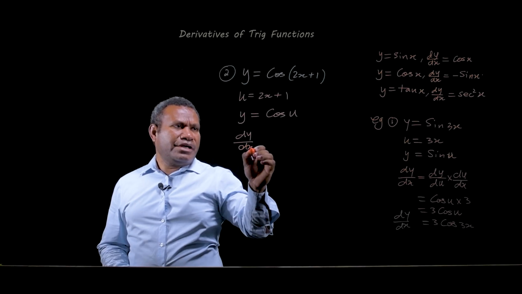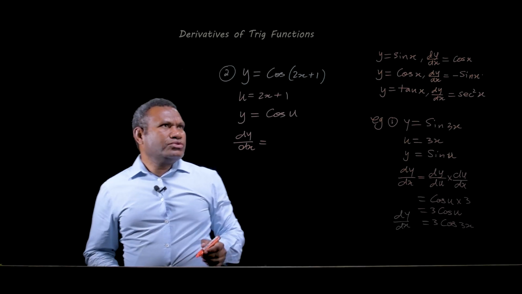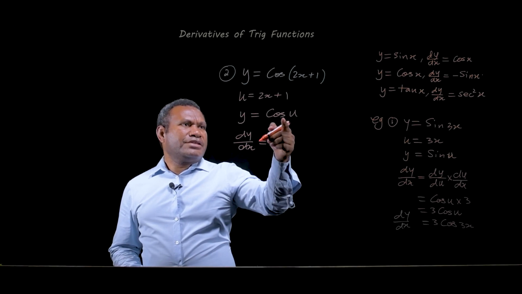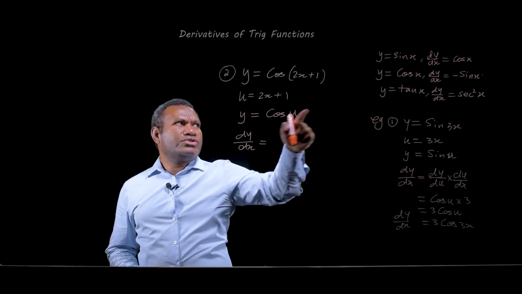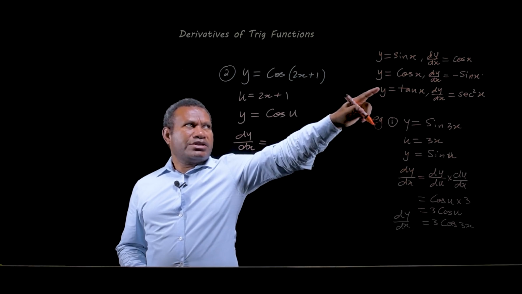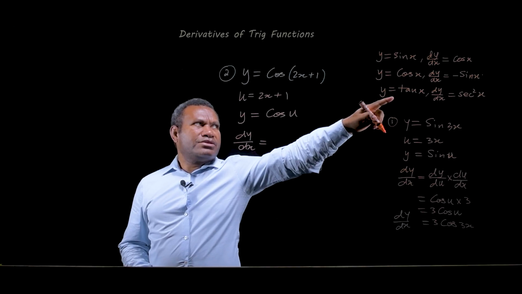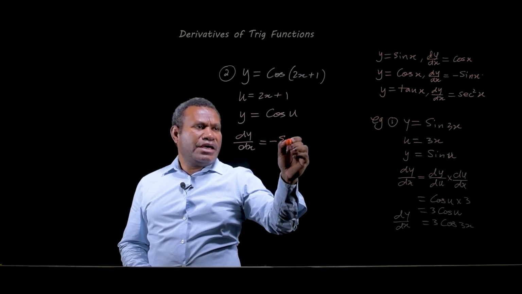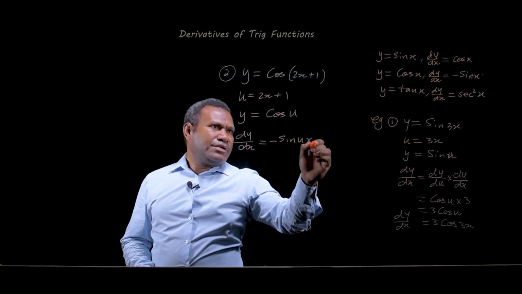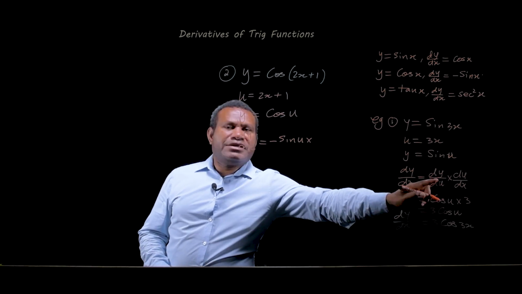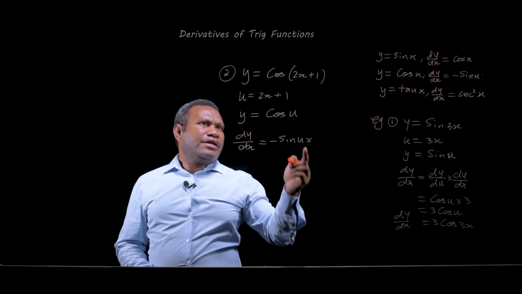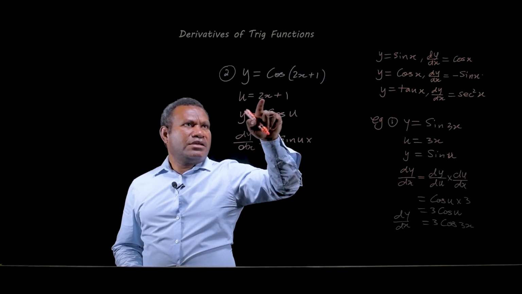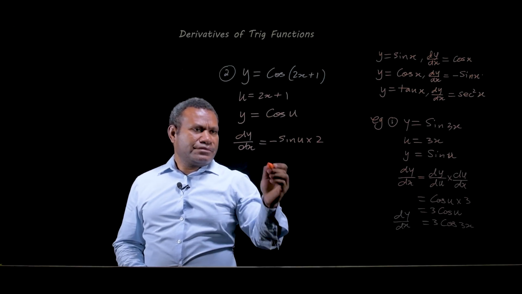Dy over dx is equal to the derivative of y equals cos u. As you can see, the derivative of cos x is minus sine. So here I will have minus sine u multiplied by, again applying the chain rule, the derivative of 2x plus 1, which is 2.